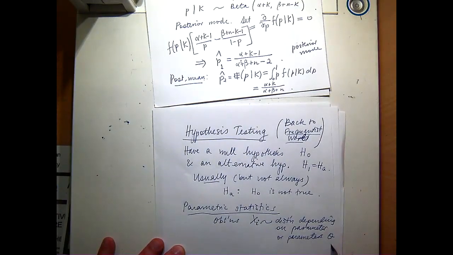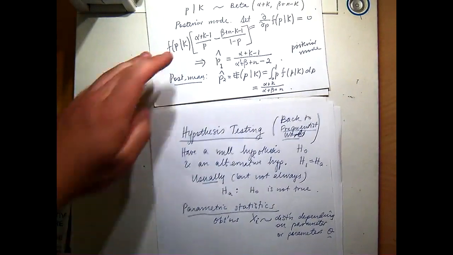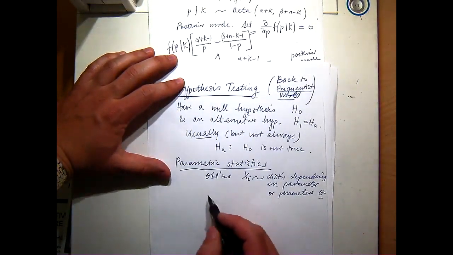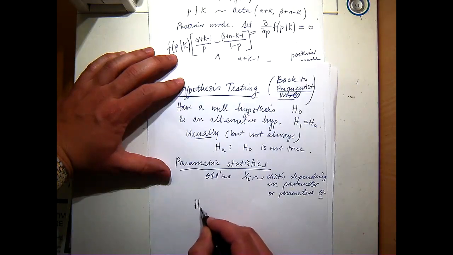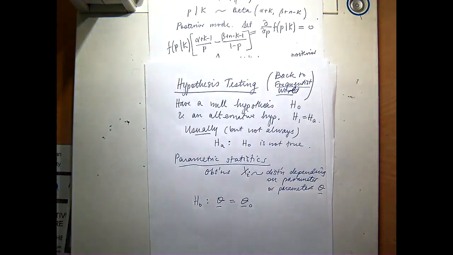I'll say theta, underlined, just in case it's multiple parameters. So those are your observations. And then you don't know what the parameters are, but H0 is frequently that theta has some particular value. Theta could in principle be anywhere on the real line, and then there's just one particular value that I think it is.